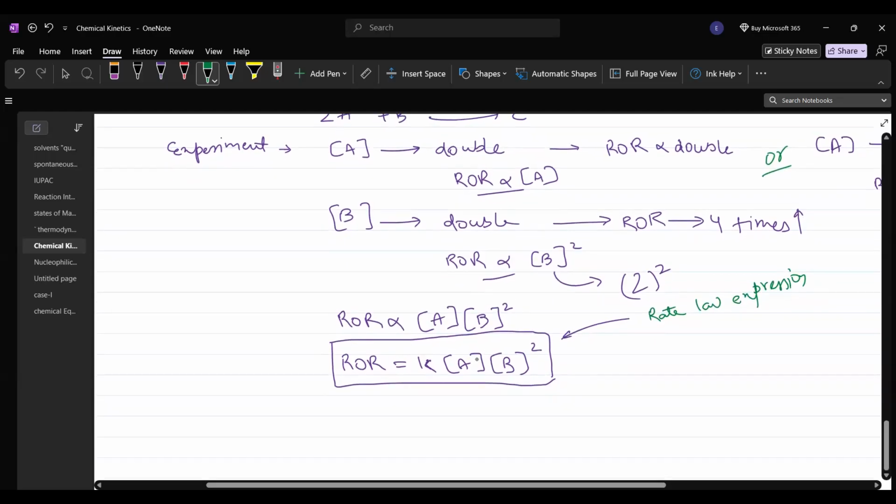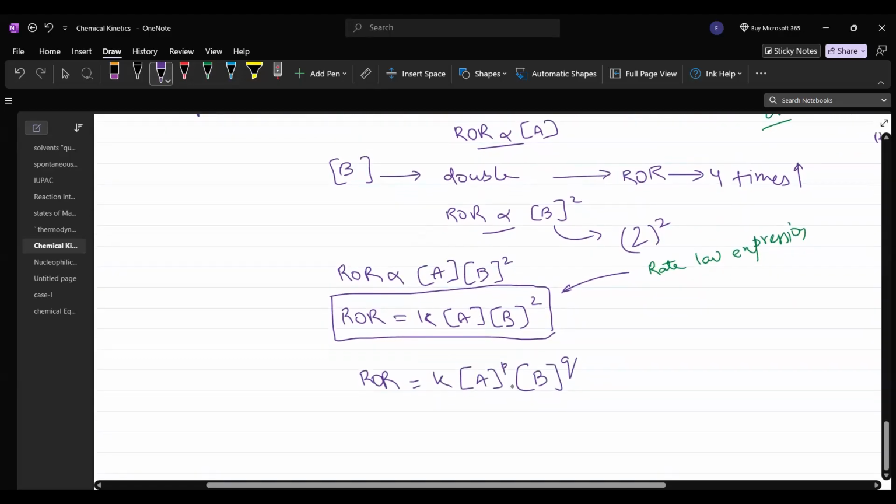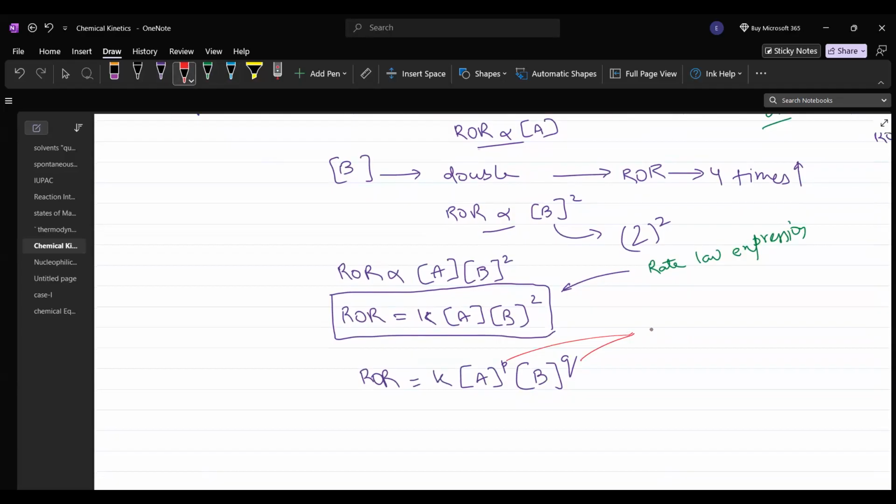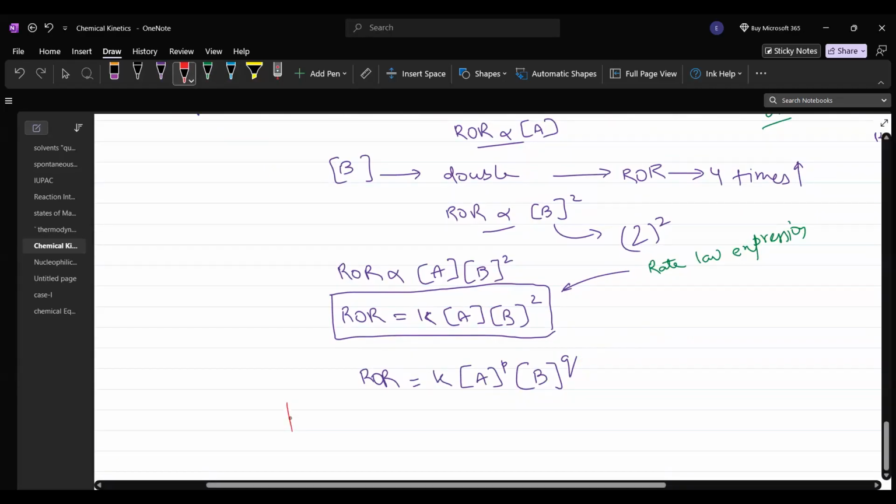And let me write it in a more general form. What are this P and Q?